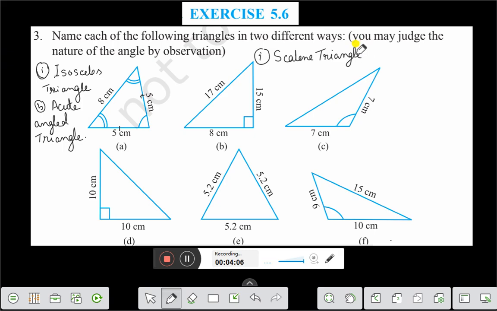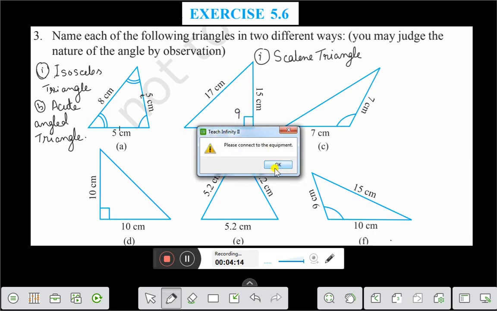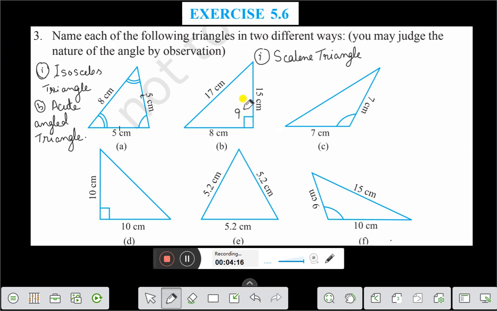And according to angle, you see here that this angle is 90 degree.